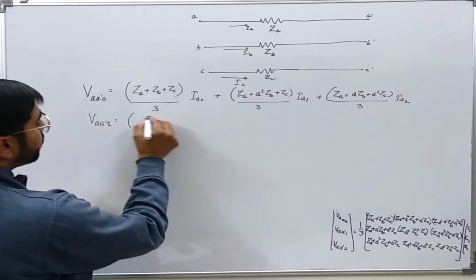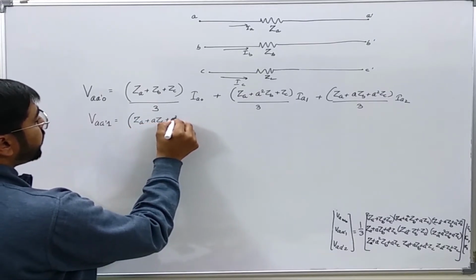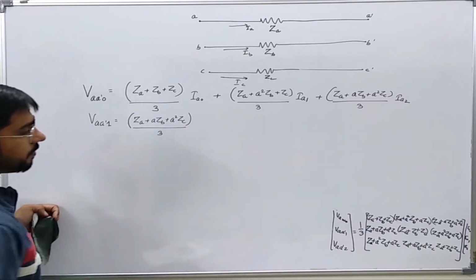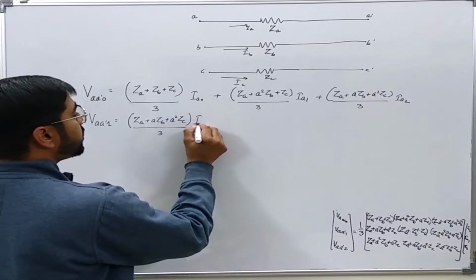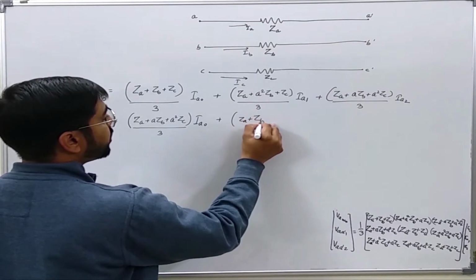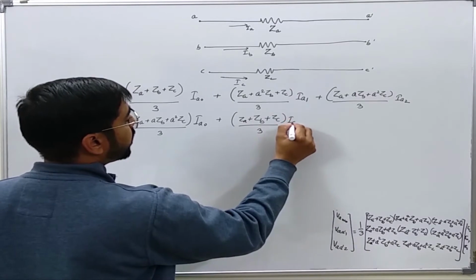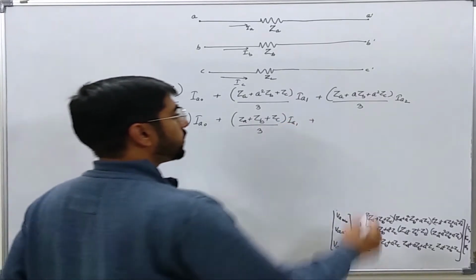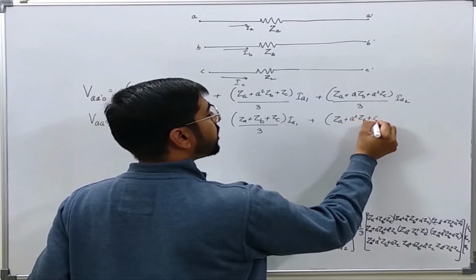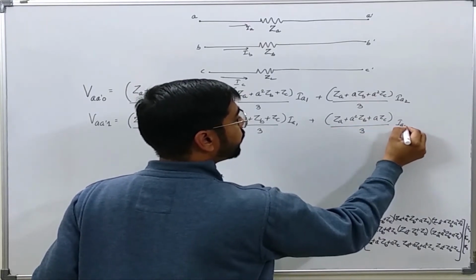It will be equal to ZA plus AZB plus A square ZC divided by 3 IA0 plus ZA plus ZB plus ZC divided by 3 IA1 plus ZA plus A square ZB plus AZC divided by 3 IA2.